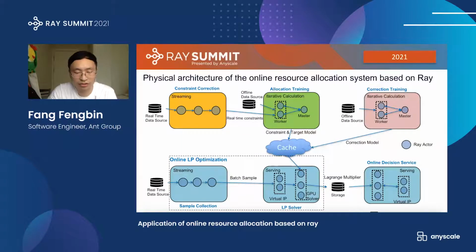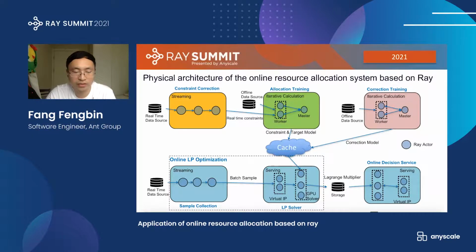The online resource allocation solution involves complex engineering implementation relying on offline and real-time data. The algorithm implementation rests on streaming, serving, iterative calculation, and GPU acceleration.